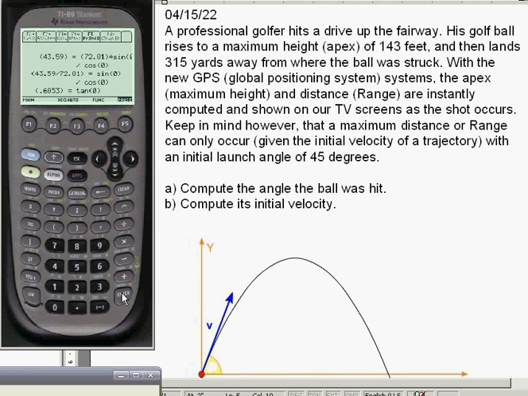And of course, then the angle here is the arc tangent of 0.6053, and that is 31.186 degrees. That's the initial angle that it was launched at. The initial velocity is 56.445 meters per second.